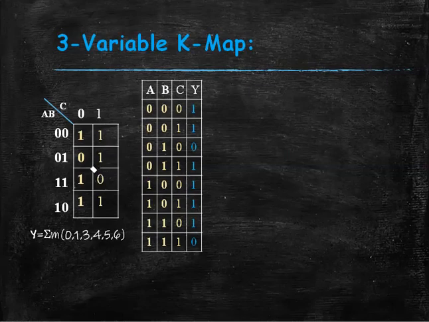For making a large group, we can fold this map. Then when we look at this one, these two ones can be paired with the last ones by folding or by rolling, isn't it?